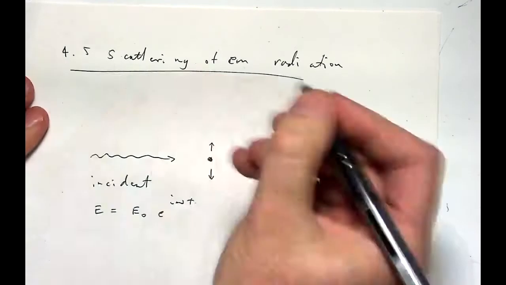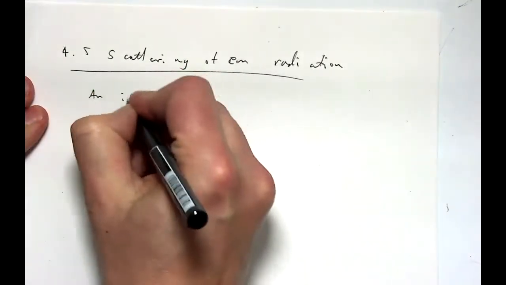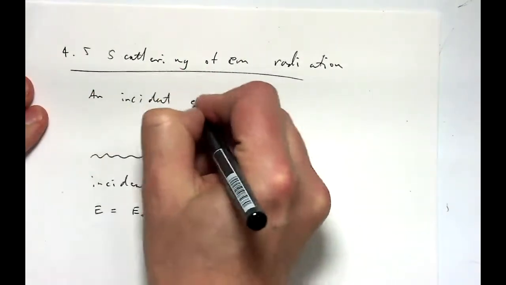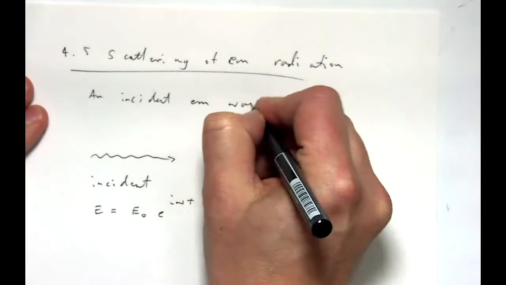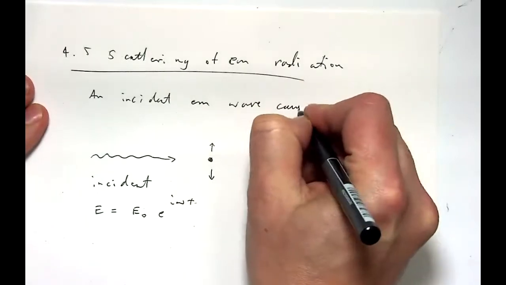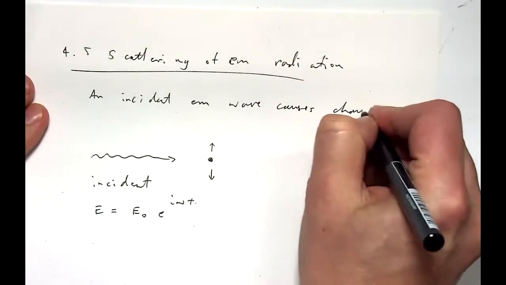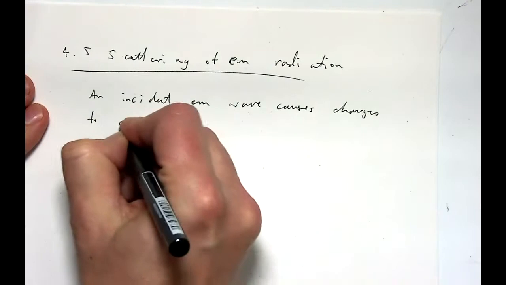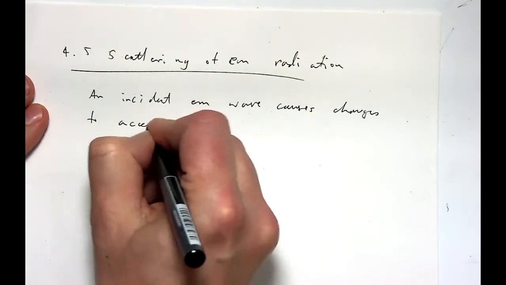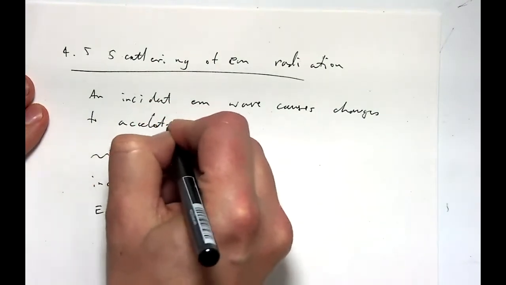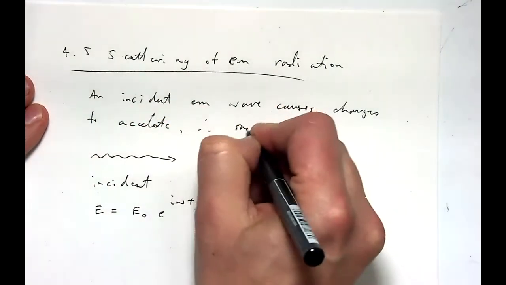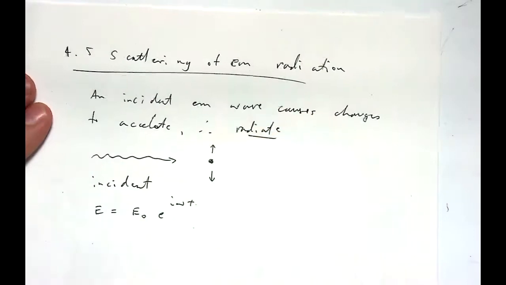So an incident EM wave causes charges to accelerate, and therefore they radiate. Very important.